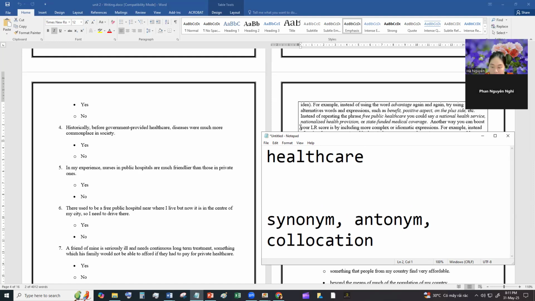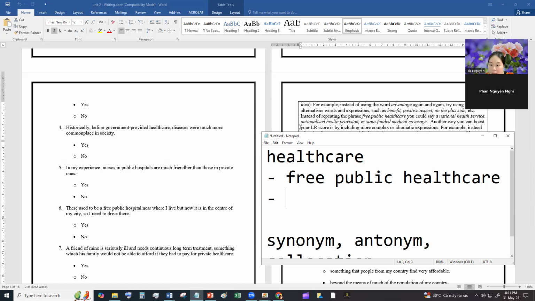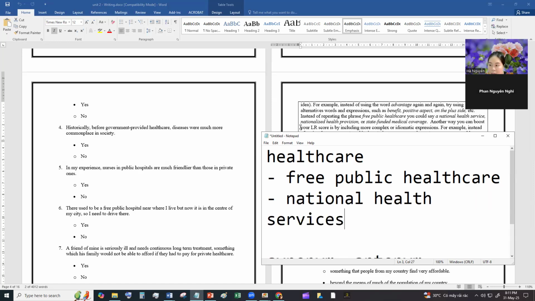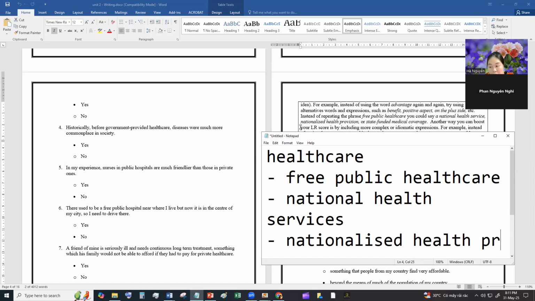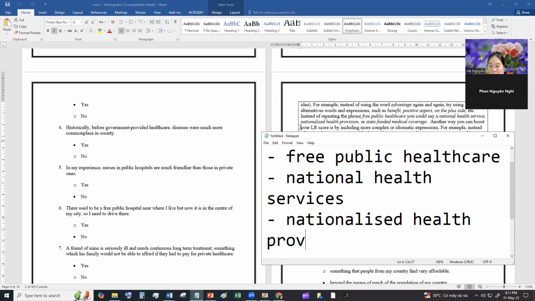So for example, free public healthcare and national health services, and nationalized, the British spelling, health provision. There you go. So a lot of words for you.